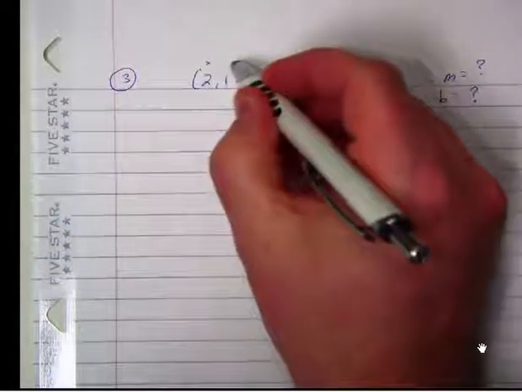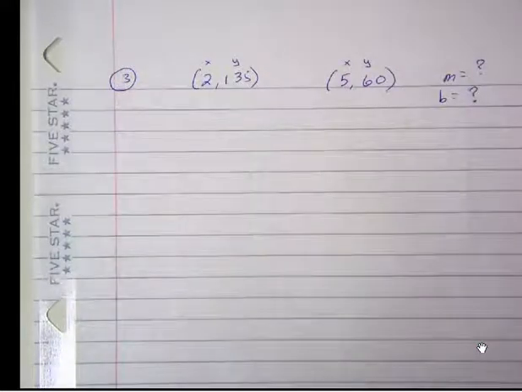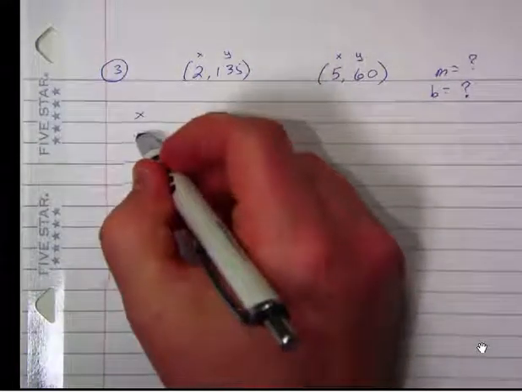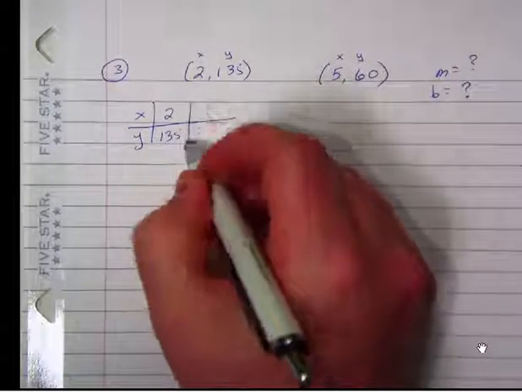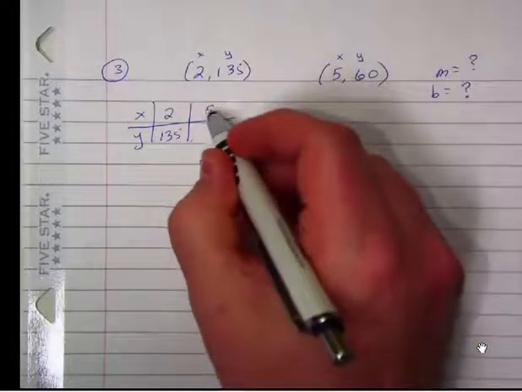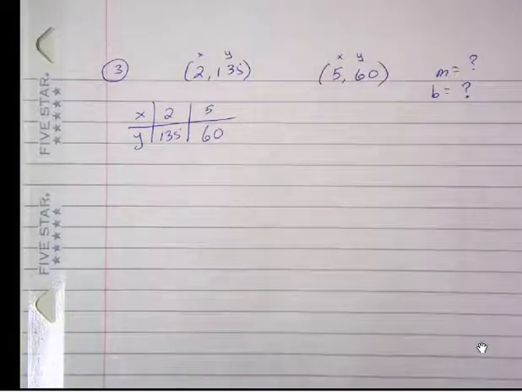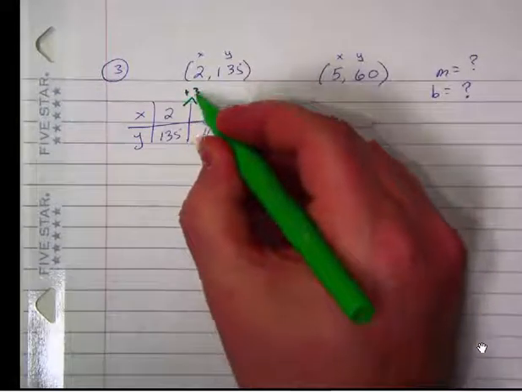I do know that this is an x and a y value, and I know that that's also an x and a y value. So I'm going to start by actually turning this into a table, something that I'm more familiar with. So if I create an xy table, when x is 2, y is 135. When x is 5, y is 60. Okay, so let's find the patterns. To get from 2 to 5, we add 3.